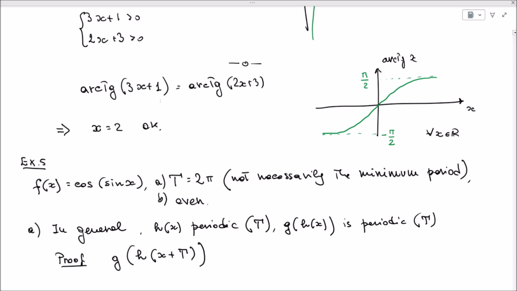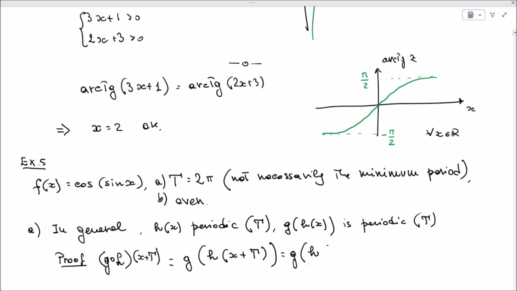Because this is, let me write this down. We can say that the compound function g compound h evaluated at x plus capital T is g of h of x plus capital T. But because of the periodicity of h, we know that this is equal to g of h of x, which is exactly g compound h evaluated at x.